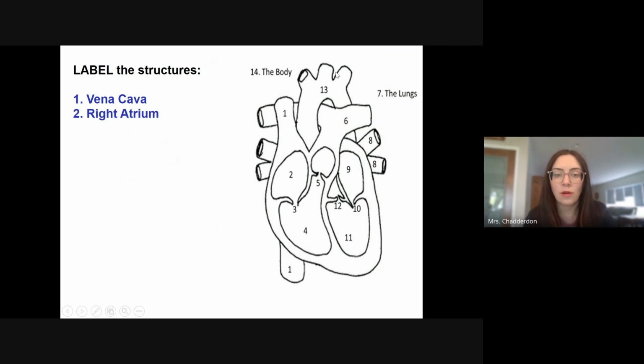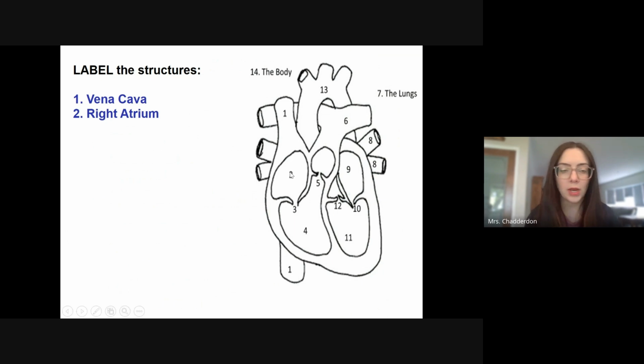2, from the vena cava to the right atrium. Remember, this is the right side of the heart. This is the left side of the heart because it's as if I'm facing the heart. It's as if I took it out of my chest and I'm looking at it face to face. So the left and right sides are always opposite.